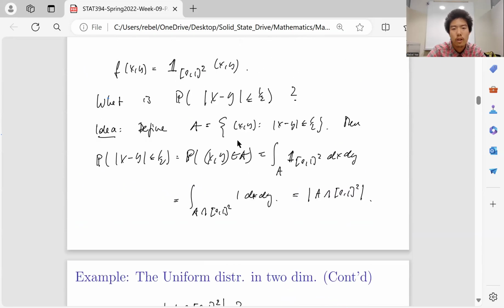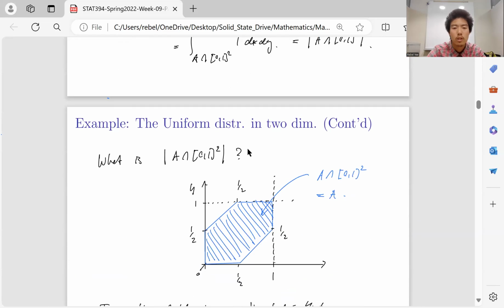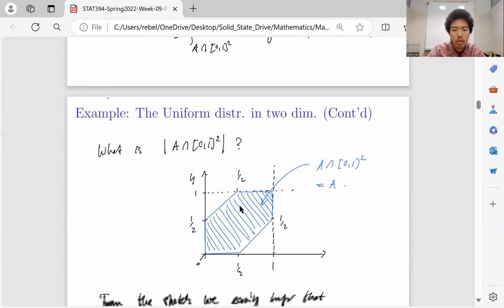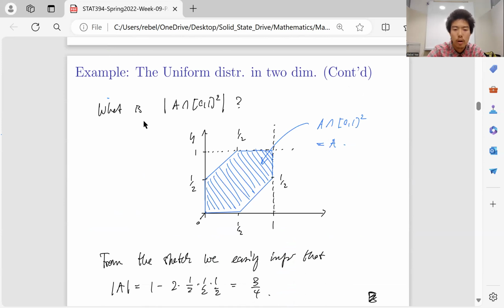We can figure out 2 functions. First, y is larger or equal to x minus 1 over 2, which is the area above this line.